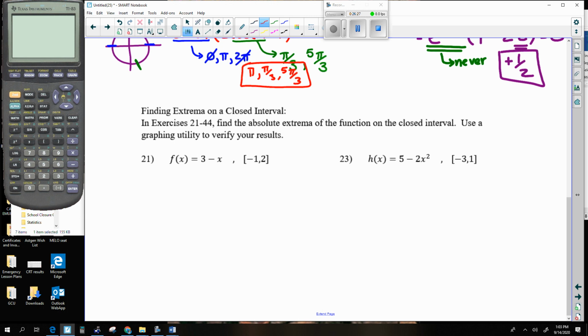The first thing we need to do is get our candidates, which is derivatives equal to 0 and so on. f prime of x is equal to -1, so that is never going to be equal to 0. You're not getting any critical numbers in the meantime. But we can still do the candidates test. We don't have any critical numbers, but we still have to test the endpoints.